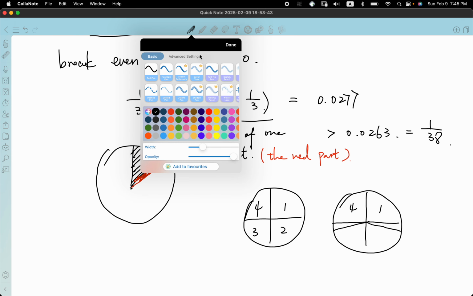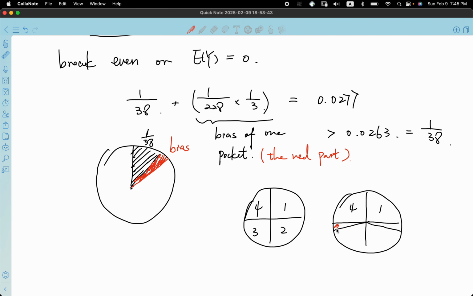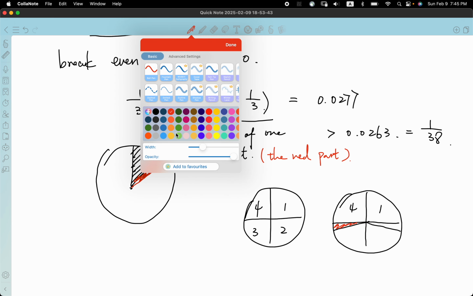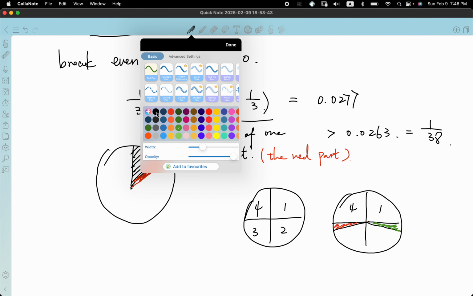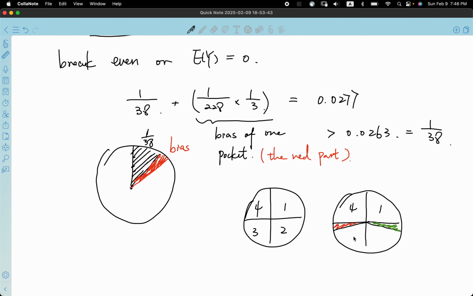So that's the bias for 4, and that's the bias for 1, and these are the regions for 2 and 3.